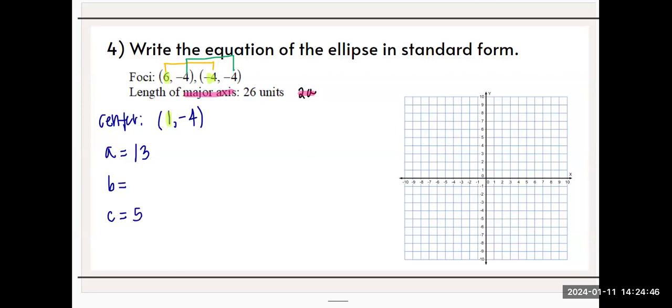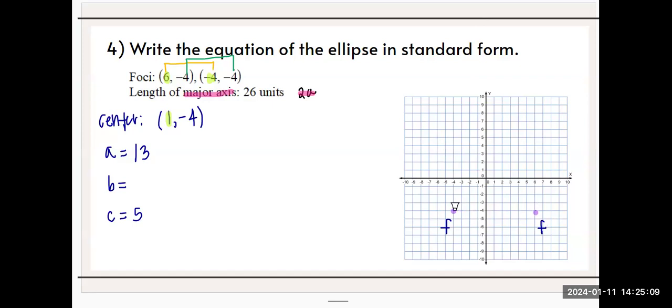Okay. Now for those that like the graph, those are the foci. See, so it is going to go left and right. The foci are on the longer axis. Then we can find the halfway point, AKA the midpoint.